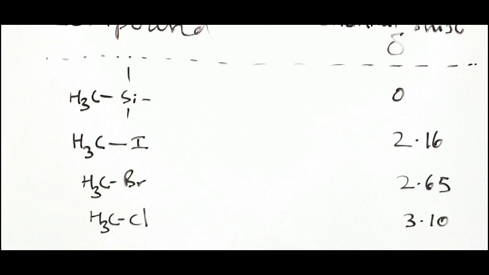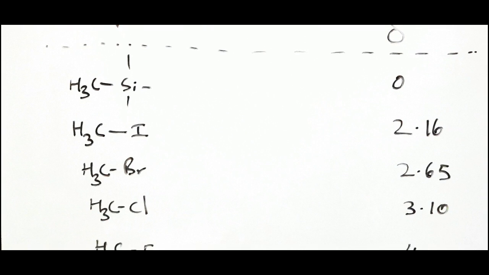But when one of the hydrogens is replaced in methane, CH4 is the formula, if one of the hydrogens is replaced by iodine, iodine is an electronegative element. It is from the halogen family. The halogen family first member is fluorine, chlorine, bromine, iodine. And last one is astatine.